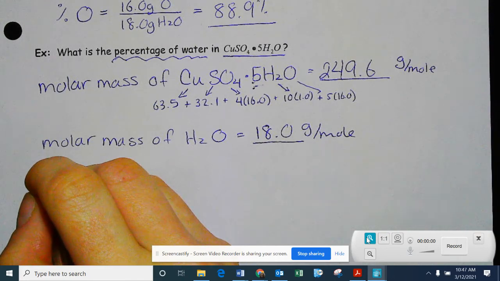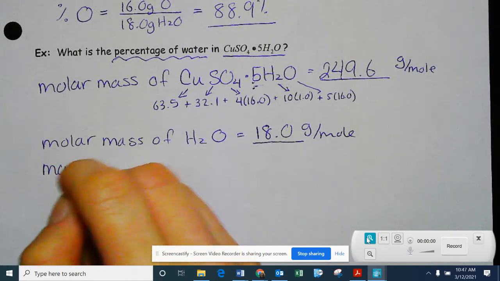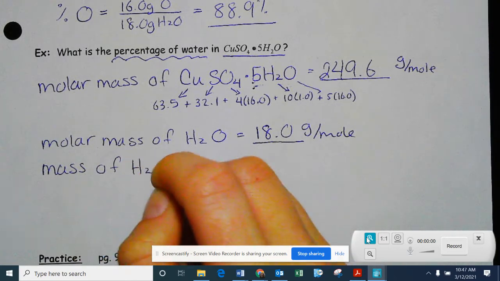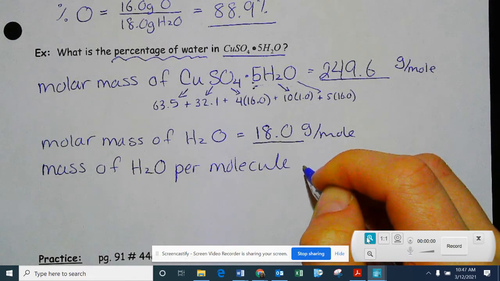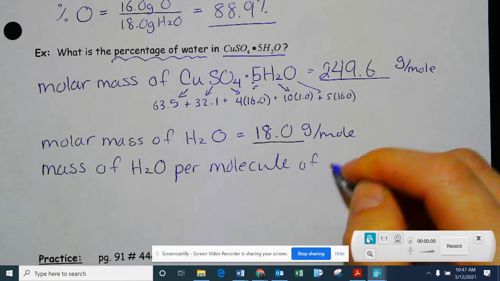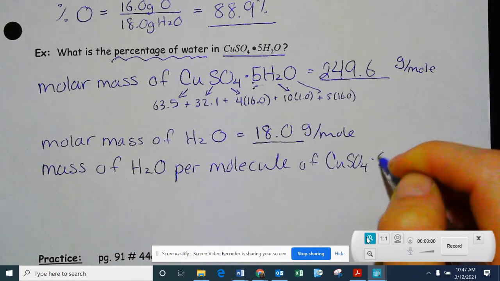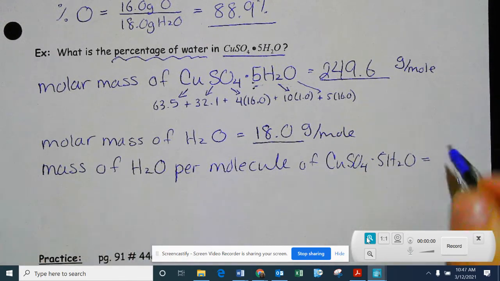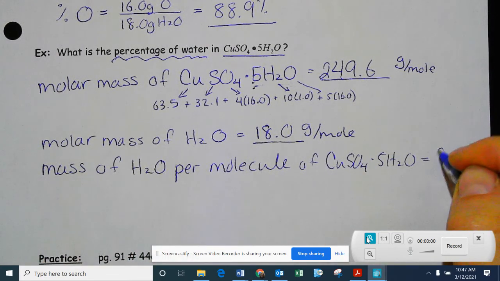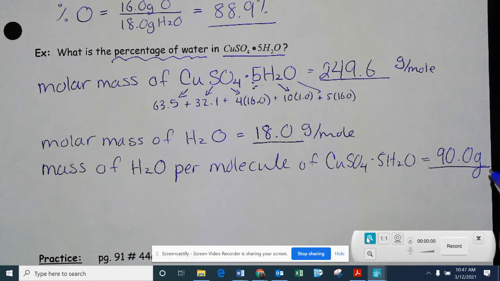So the mass of H2O per molecule of CuSO4·5H2O is actually going to be 90 grams. Or per mole. Yeah, the total mass of water in that molecule is 90 grams because there's 5 of it.